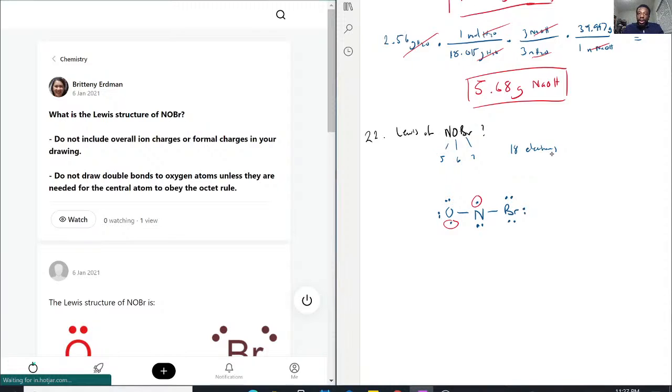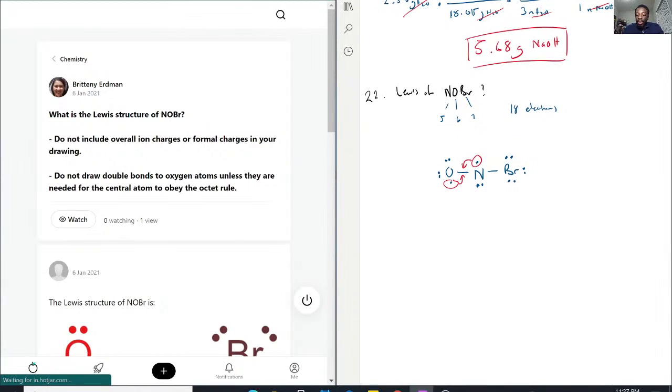2 unpaired electrons, and it says do not draw a double bond to oxygen atoms unless they are needed for the central atom to obey the octet rule. Well, the central atom really needs to obey the octet rule here. I cannot give that unpaired electron to the oxygen because then the nitrogen no longer follows the octet rule. So I'm going to go ahead and do that and create another bond.